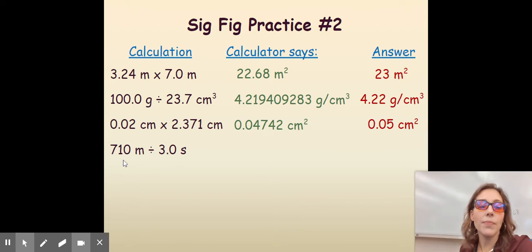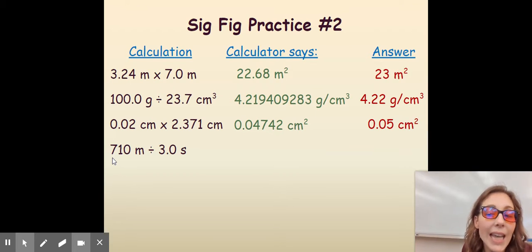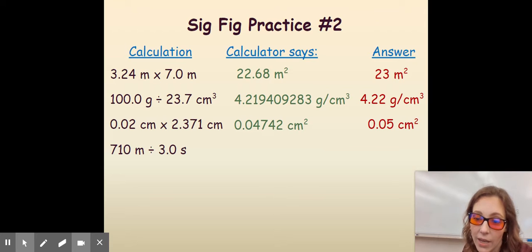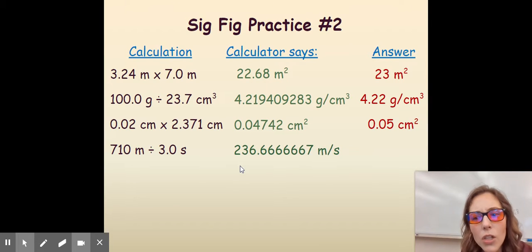Now we're going to divide. Now 710 without a decimal place only has 2 significant figures. 3.0 also only has 2 significant figures. So our answer can only have 2 significant figures. So how do we do that and keep the value of the 200s, right? Because a lot of people just say, well, it's 24.